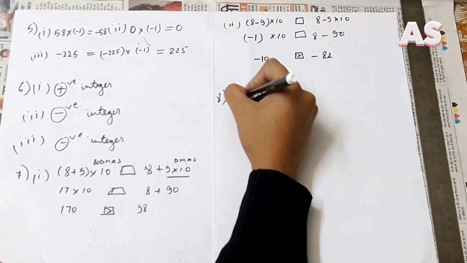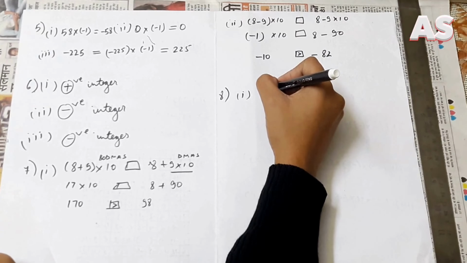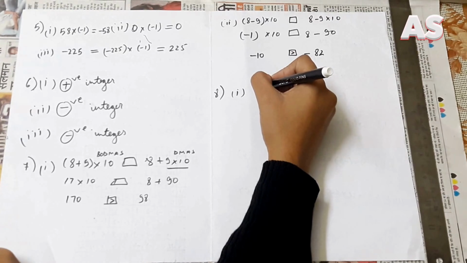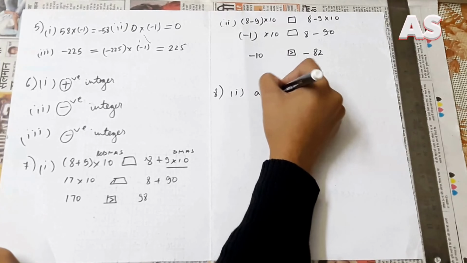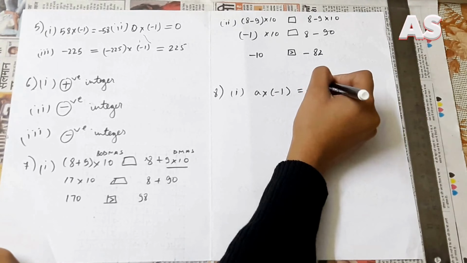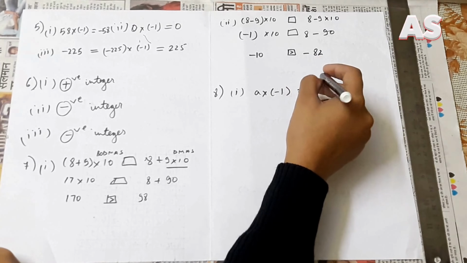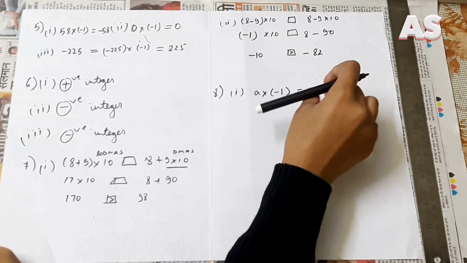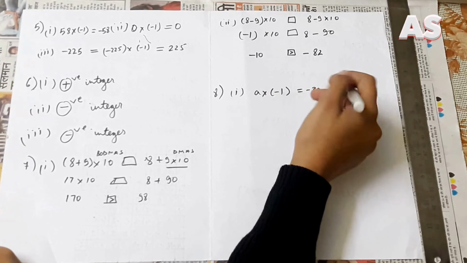The first part says, if a into minus 1 is equal to minus 30, is the integer a positive integer or a negative integer? Here in the question it is written a into minus 1 is equal to minus 30. When you multiply a negative integer and a positive integer, the product would be a negative integer, right?